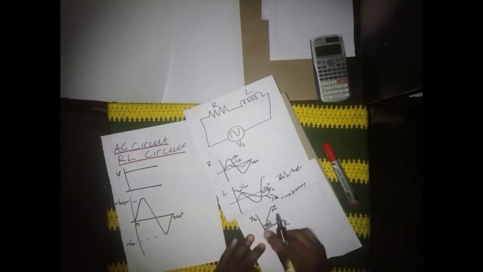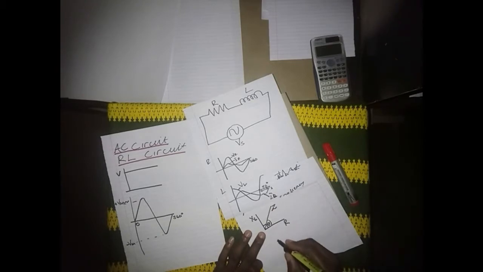If we move the inductive reactance and put it on this side, we can have something like this. This is our R, this is our XL, and this is our Z. What does this look like? You see, this is a triangle.